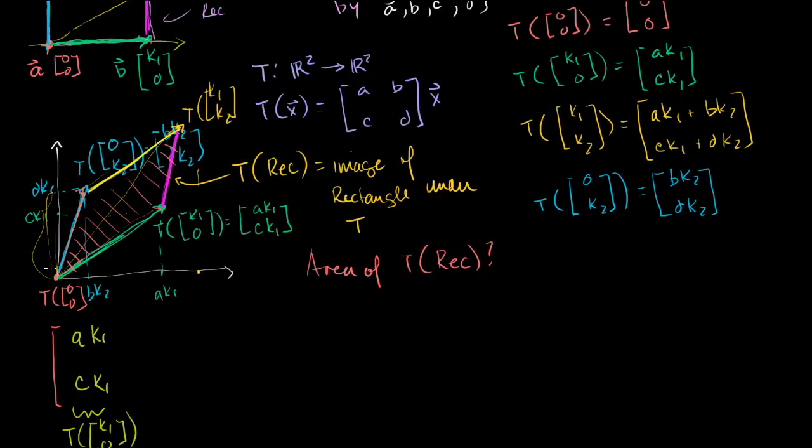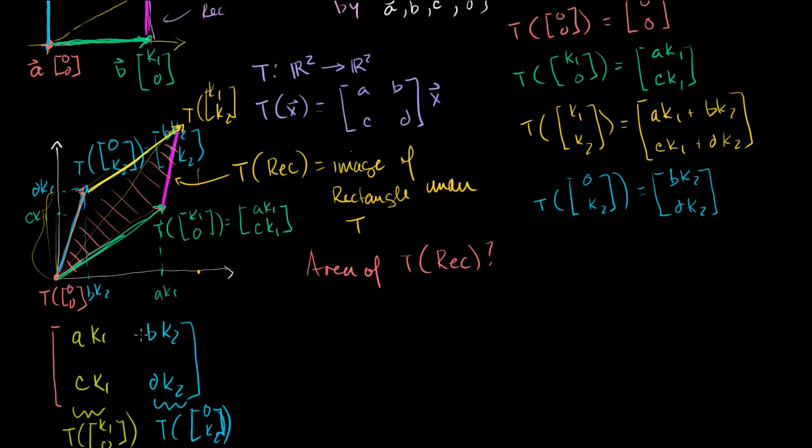And then its second column vector is this guy right here, which was BK2 and DK2. This parallelogram is a parallelogram generated by these two column vectors. This was the transformation of 0, K2.